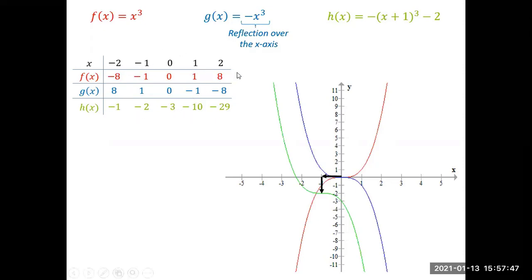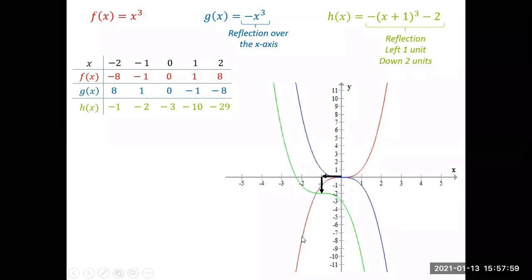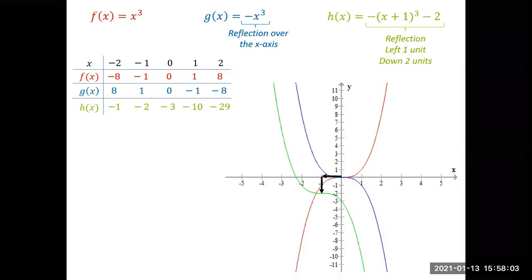In fact, we don't ever want to plot a table of values because we would prefer instead to just list out what the transformations are. And after plotting the red parent function, we can apply each of those new transformations to create the new graph. Therefore, this function is a reflection over the x-axis. It's shifted left 1, and it's shifted down 2.